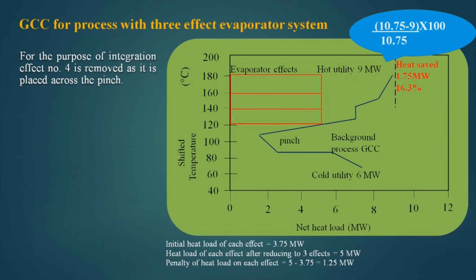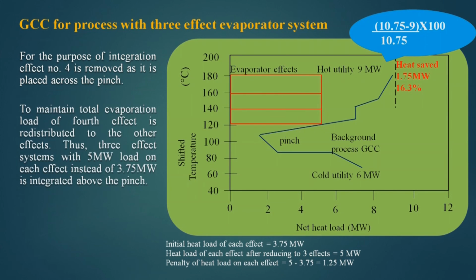For the purpose of integration, effect number 4 is removed as it is placed across the pinch. To maintain total evaporation load, the 4th effect is redistributed to the other effects. Thus, a 3 effect system with 5 megawatt load on each effect instead of 3.75 megawatt is integrated above the pinch.